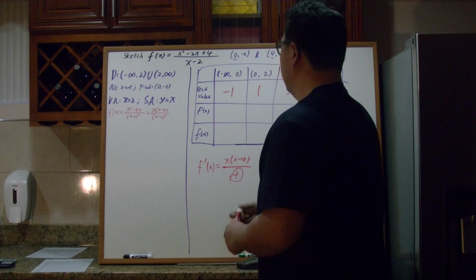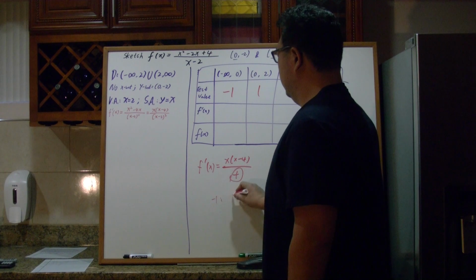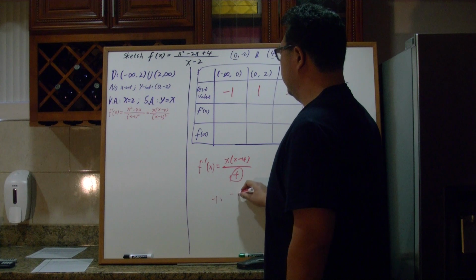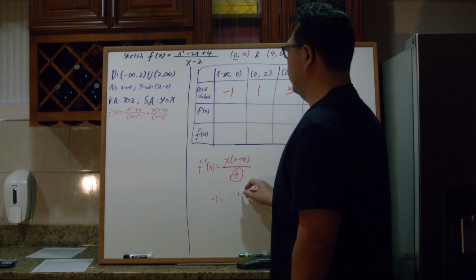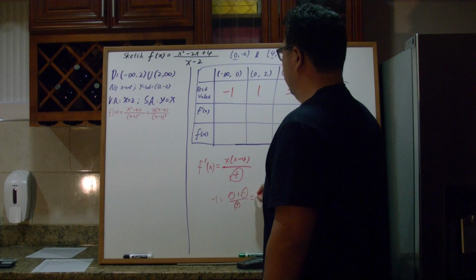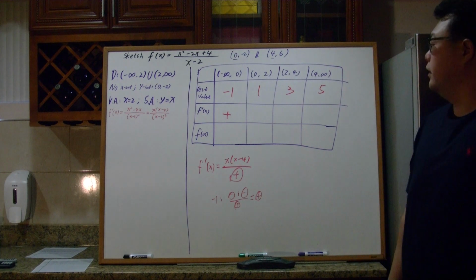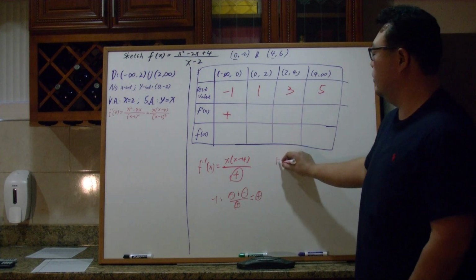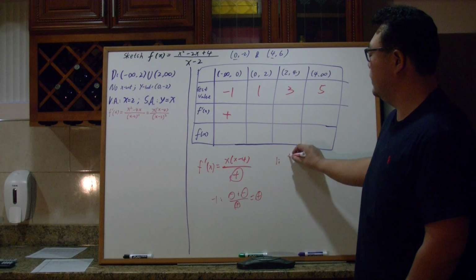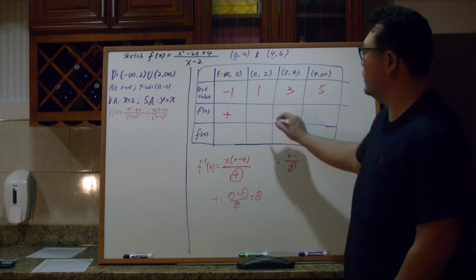Right, so when we input negative 1, we get a negative number multiplied by negative 1 minus 4 is another negative, over positive, that is positive. For 1, it's similar, we get a positive number, 1 minus 4 is negative, divided by a positive number, that's negative.